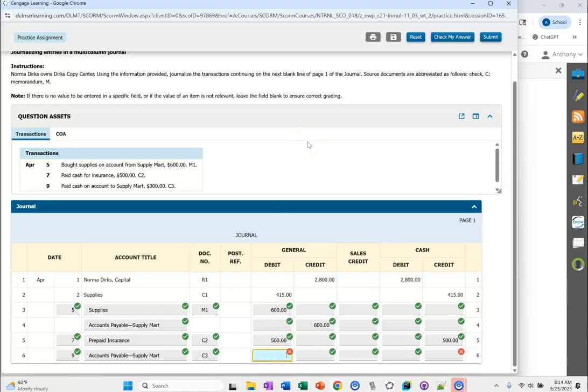Okay. So $300 debit and $300 credit on cash. Remember that accounts payable is a liability. So as that liability goes down, that's a debit, right?